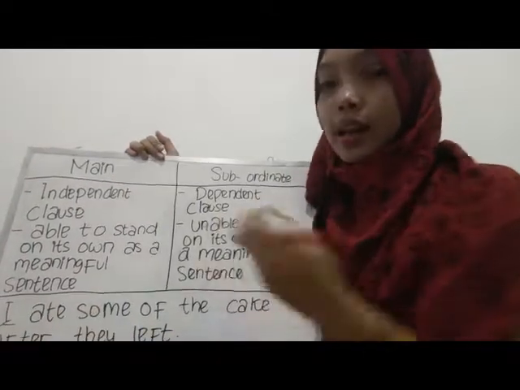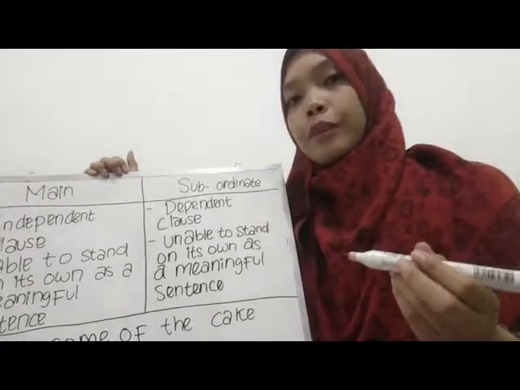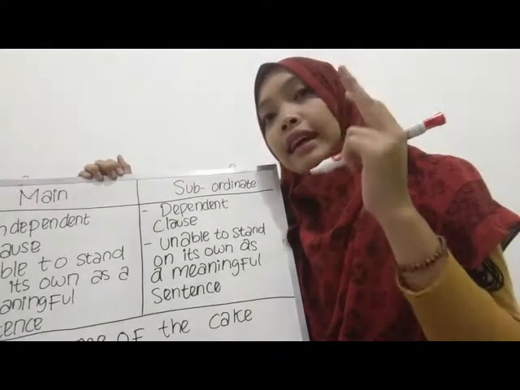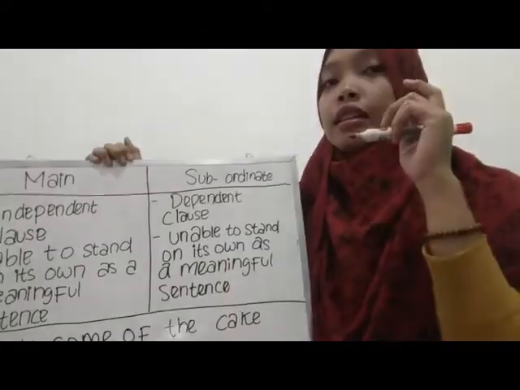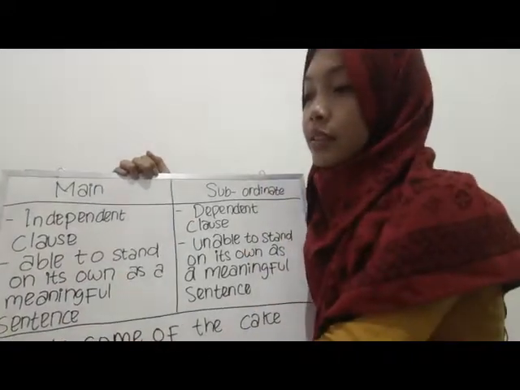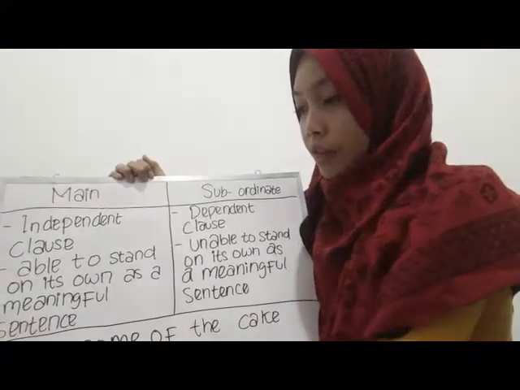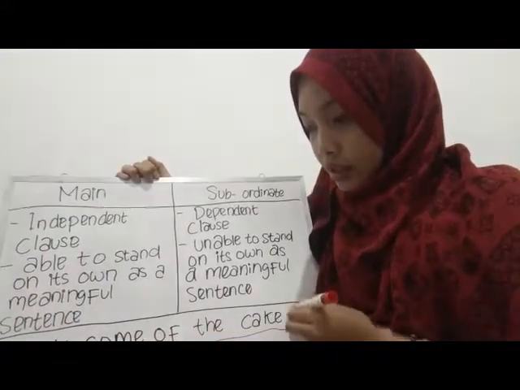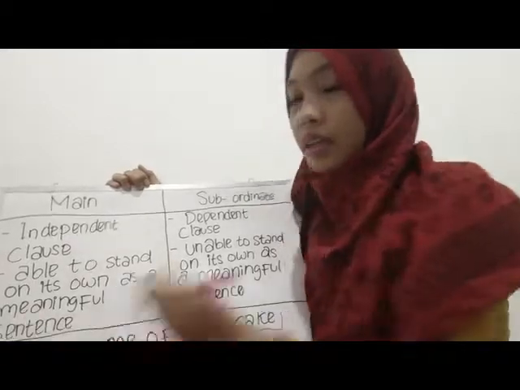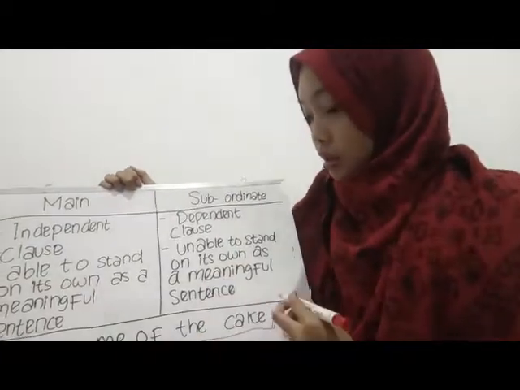Like I've said before, a clause has to have at least one subject and a verb. I ate is the predicate, the verb. So I ate some of the cake can be counted as the main clause. I will label it with M.